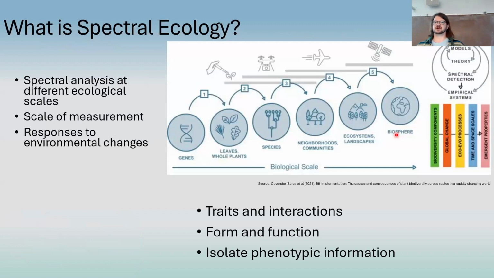Real briefly, I wanted to introduce the concept of spectral ecology, a framework that has expanded over the past 5 or 10 years. Traditionally in remote sensing, when we think about ecological analyses, we think about broad response to environmental changes, and of course scaling upward from spectrometry or spectroscopy in the lab.